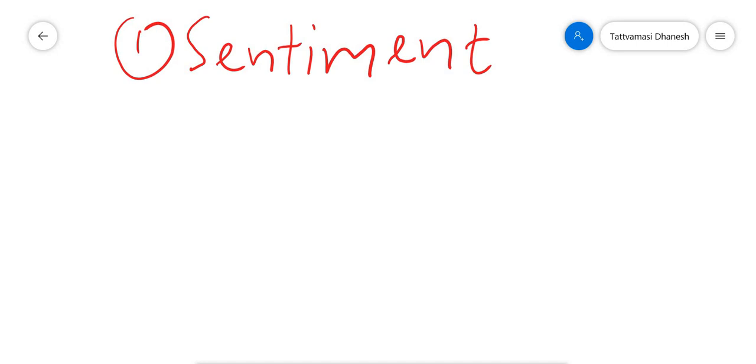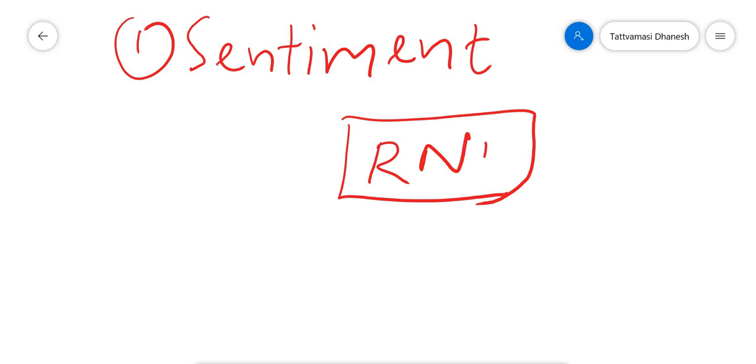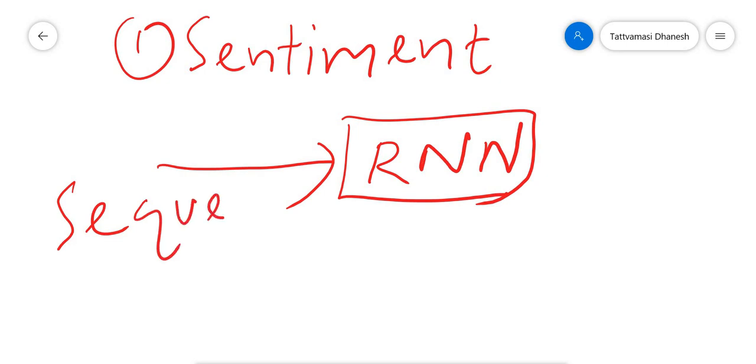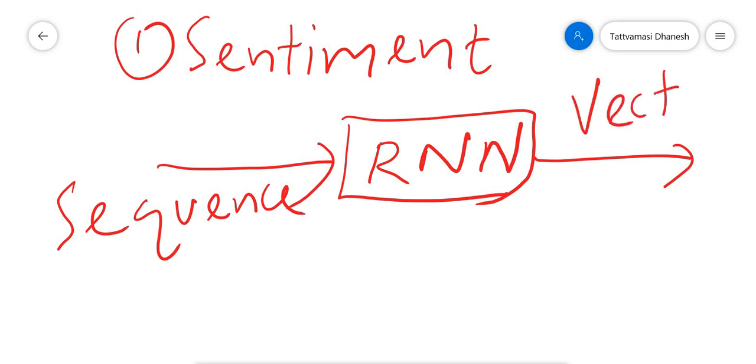In sentiment analysis, you have the RNN, this is your differentiable function. You give a sequence of data as the input and you get output as a vector, whether it is a positive or negative sentiment.